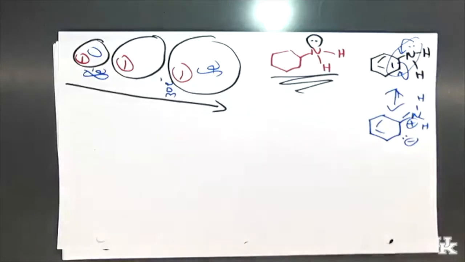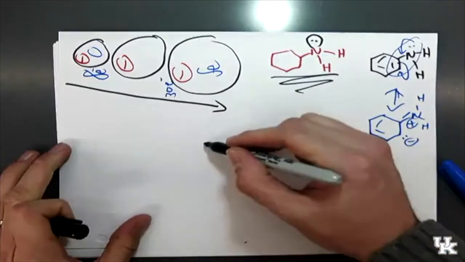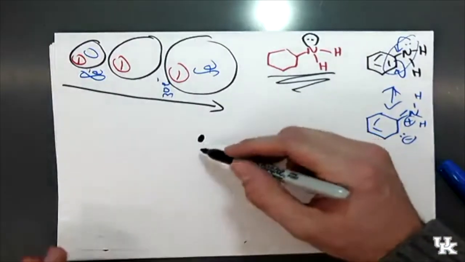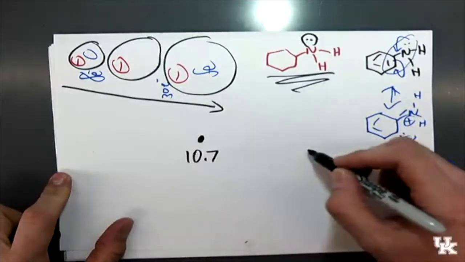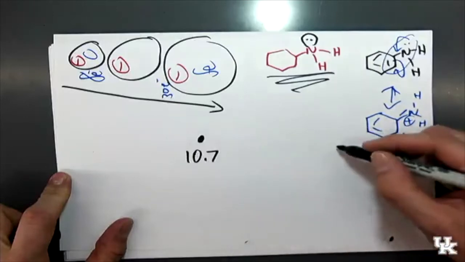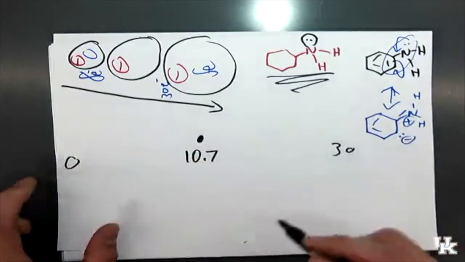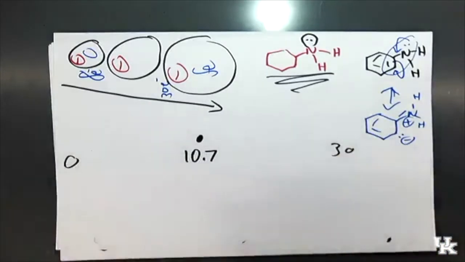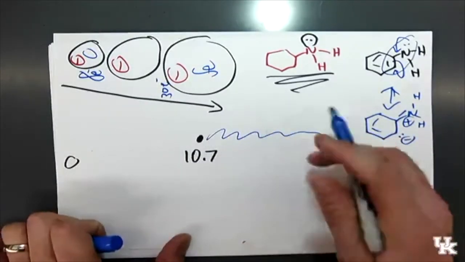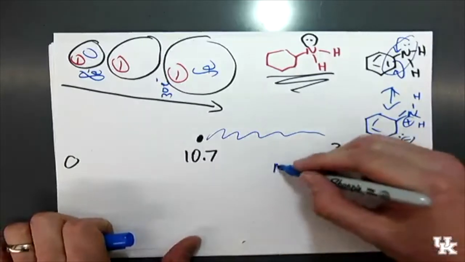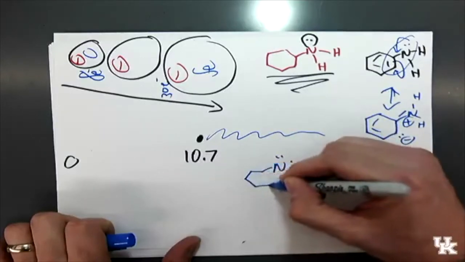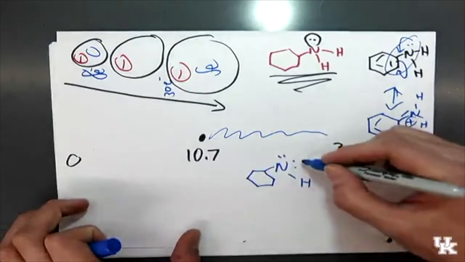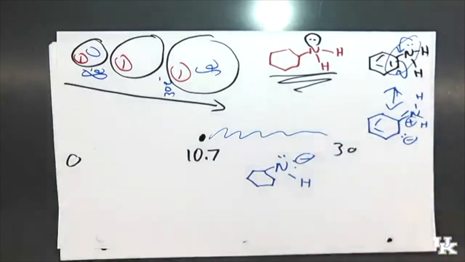Because do you remember what pKa means? If you have, let's say, the pKa of aniline, 10.7, that means as you go higher in number, so we'll say this is like 30 and this is 0, as you go higher in number, the amine will be deprotonated, right? So the structure you're looking at will look like that, where you have a negative charge. Negative charges are in blue today, in case you were wondering.